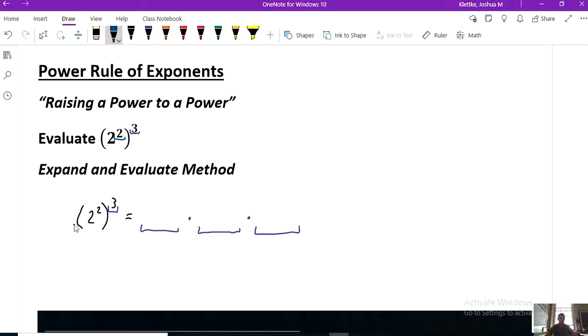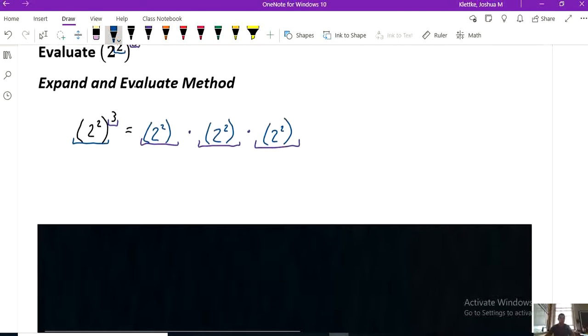I'm going to put my base inside each of those spaces.